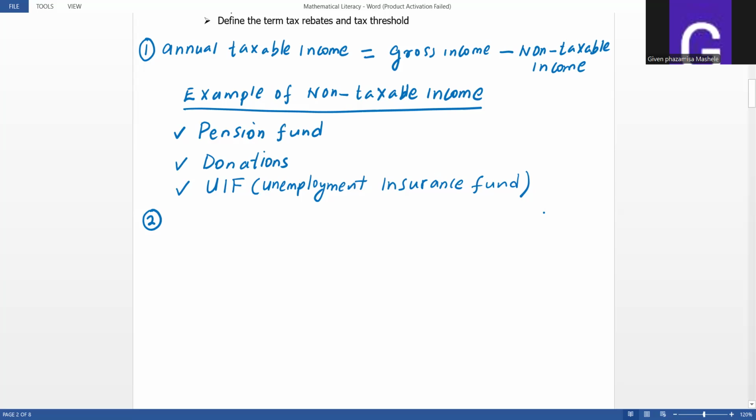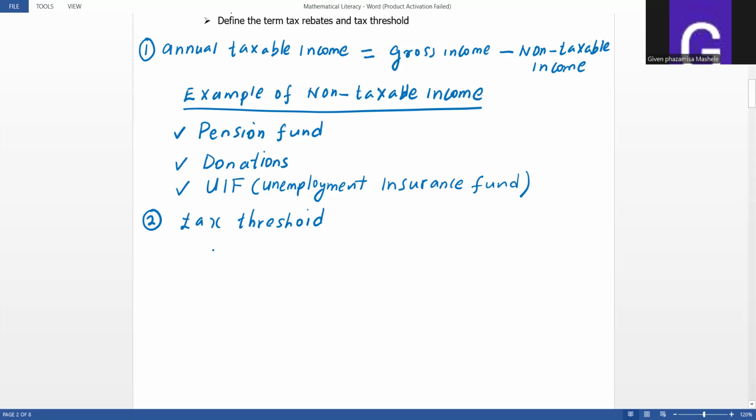To check that, we need to use what you call the tax threshold. The tax threshold, as I said, is an income level set by the South African Revenue Service, which gauges whether a person qualifies to pay tax or not.